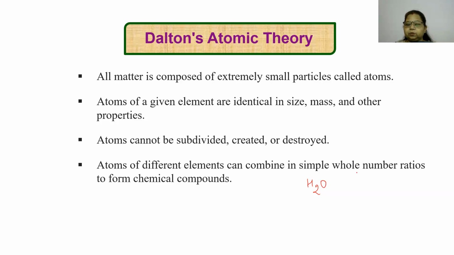You write sodium chloride, magnesium chloride, copper oxide, calcium carbonate, you will always find them having simple whole number ratios. In water, hydrogen atom and oxygen atom are reacting in or are placed in 2:1 ratio, right? So these are the 4 salient points. If you can, you may put it into 5 points also, because atoms cannot be subdivided can be put into different forms.